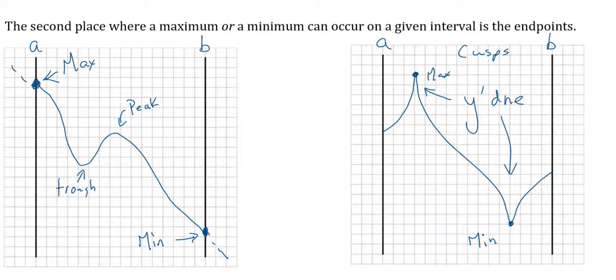So in conclusion, from these three diagrams, if we want to find the maximum or minimum values of a function on a given interval, we got to check where the derivative is 0, where the derivative does not exist, and the two endpoints of the interval. We check those values and literally just look at them and see which one's biggest and which one's smallest.